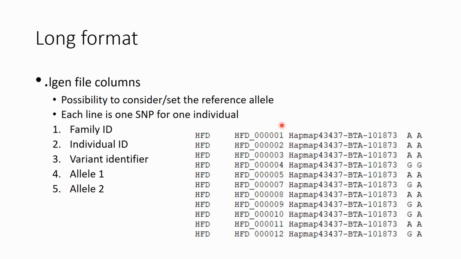Then there is the variant identifier, so that is basically the SNP name. And then allele 1 and allele 2. Also with the LGen files, there is a new thing that you can actually consider or set the reference allele as well. So if your work requires this, it is certainly a possibility.